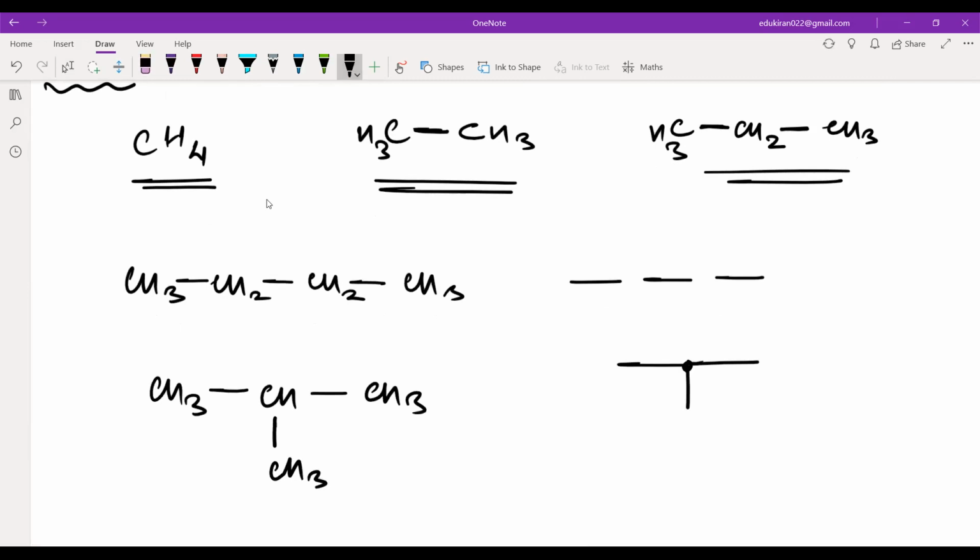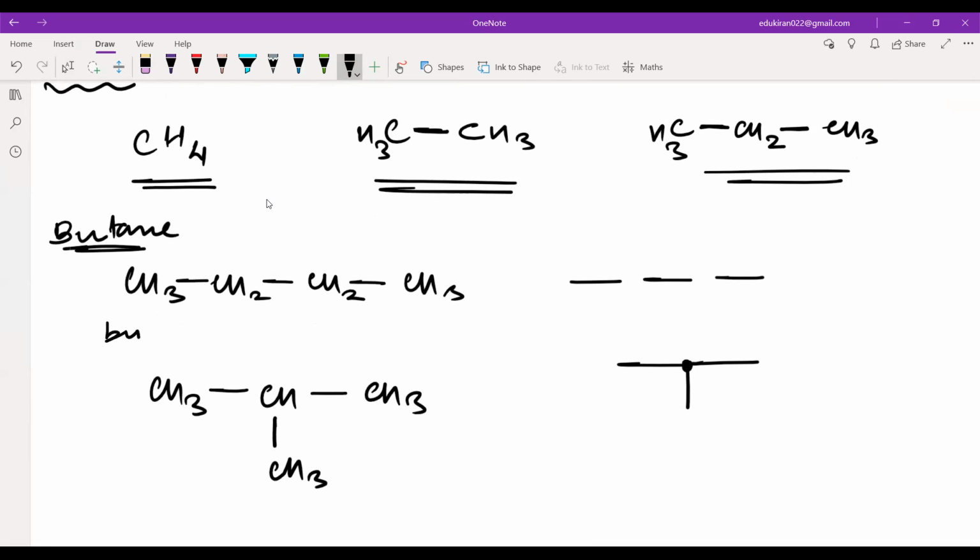This is how we write the 2 isomers for butane. Now you can see that we have changed the length of the chain.